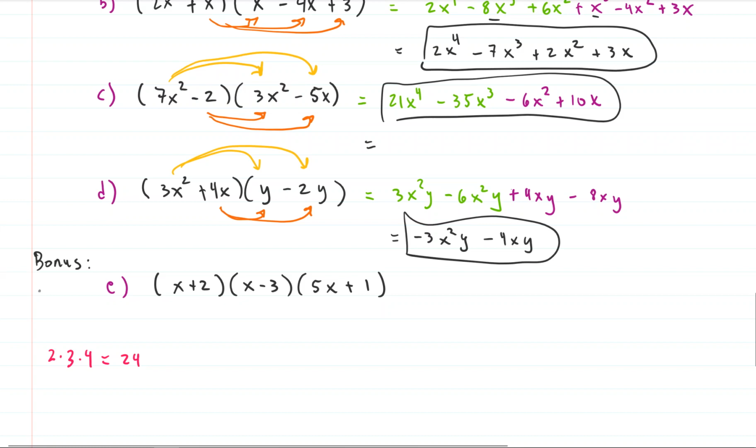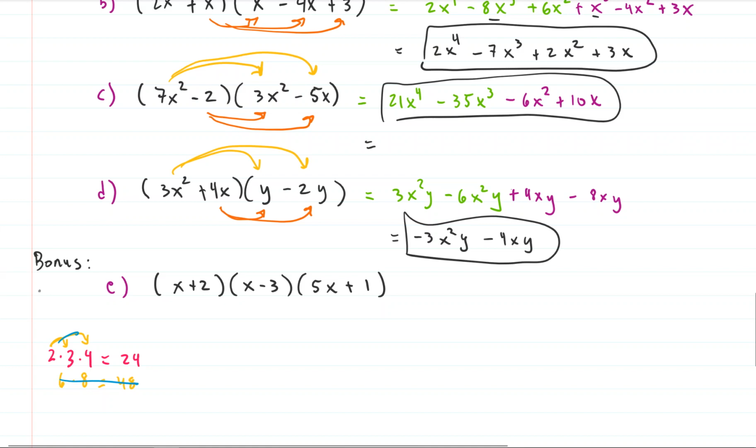Did you distribute the 2 to the 3 and then the 2 to the 4, and get 2 times 3 is 6, 2 times 4 is 8, 6 times 8 is 48? Nope, you didn't do that, right? That obviously is the wrong answer. That's not what we did.